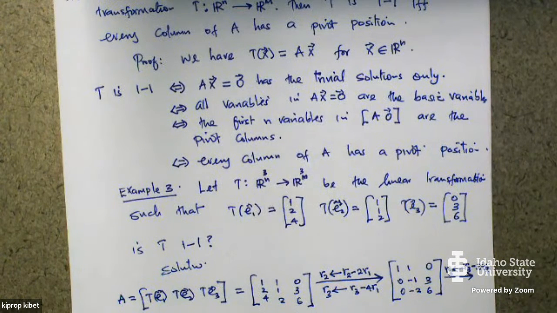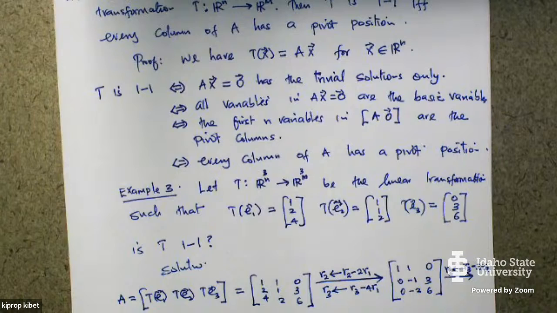If you look at this, there's a pivot position here and a pivot position here. So the two columns here have pivot positions. The third column doesn't have a pivot position.